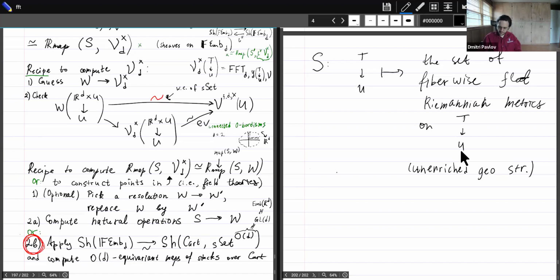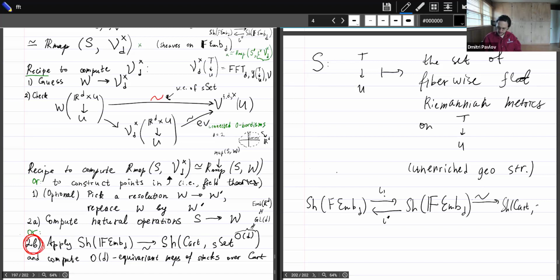And what we are going to do is, let me maybe phrase it this way. What we are interested in here, we have sheaves on the unenriched side, the adjunction I previously mentioned, to sheaves on the enriched side, and one more adjunction, or Quillen equivalence in fact, to sheaves on the Cartesian side with values in simplicial sets with the action of O(d).